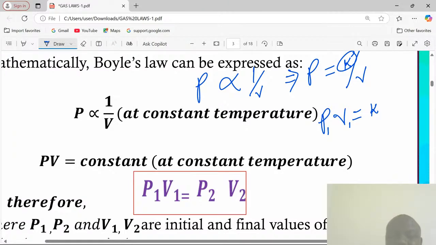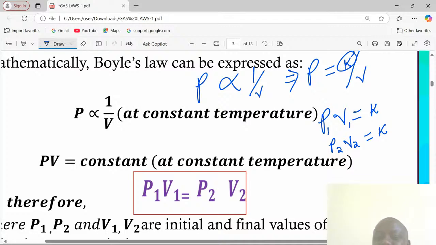If you adjust the pressure to a new value, pressure 2, and it also gives you a corresponding new value of volume, such that you have a pressure 2 and a volume 2, the two are going to give you the same constant.